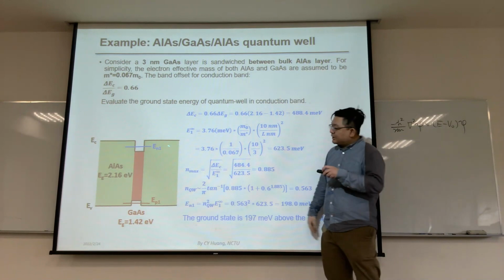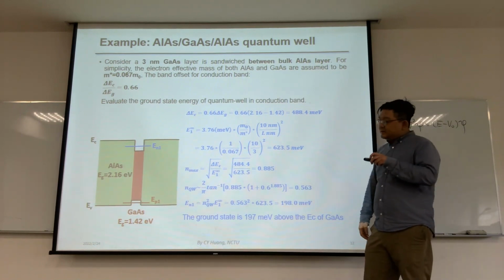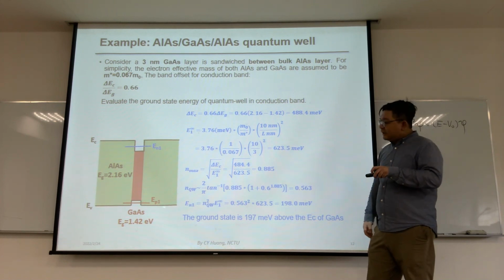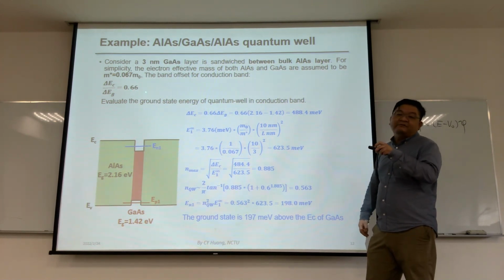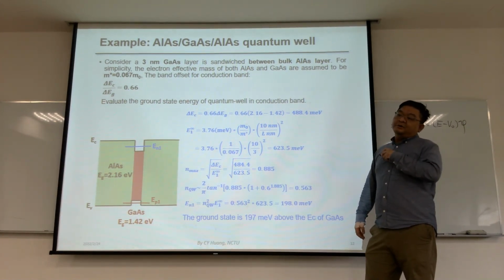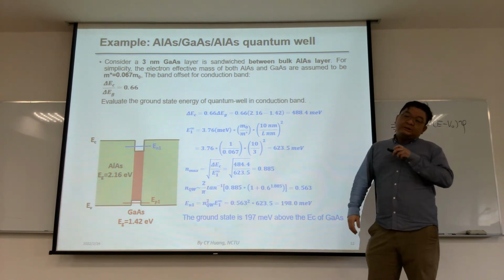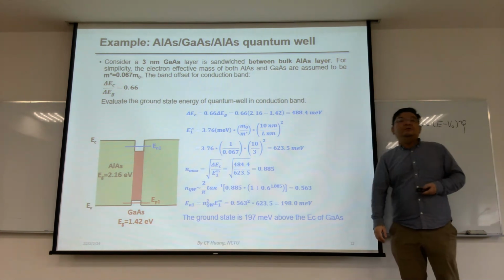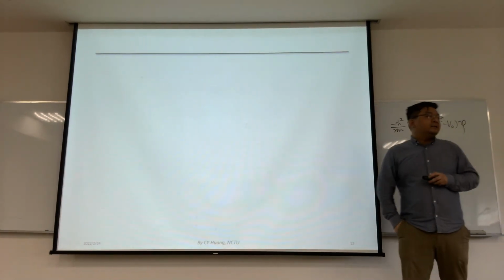Then you have this ground state here. Similarly, you can also find the ground state if you have the correct effective mass of your host. Then you can find the ground state energy of such a quantum well. Okay, that's the textual break.